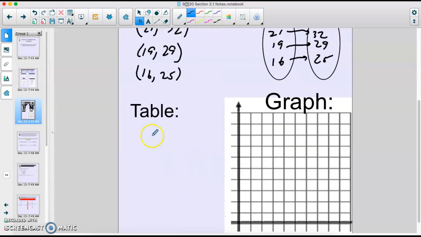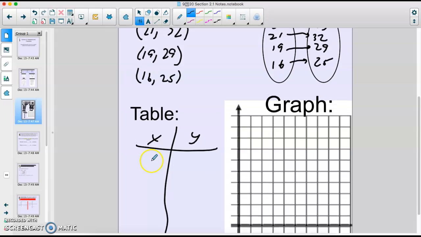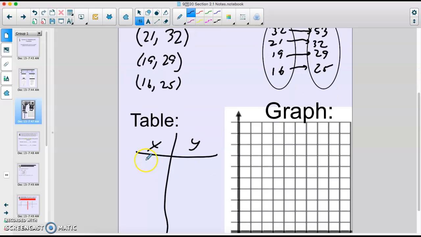A table would be just your basic x, y T-chart, where we have 32 and 53, 21 and 32, 19 and 29, and 16 and 25.